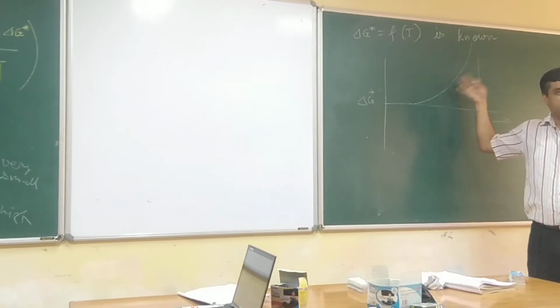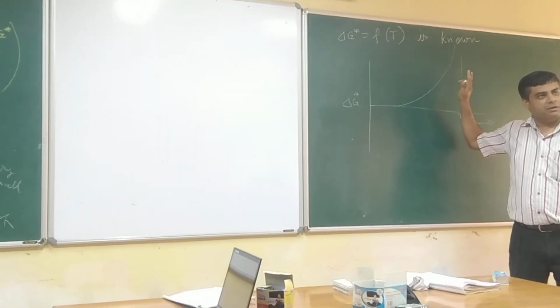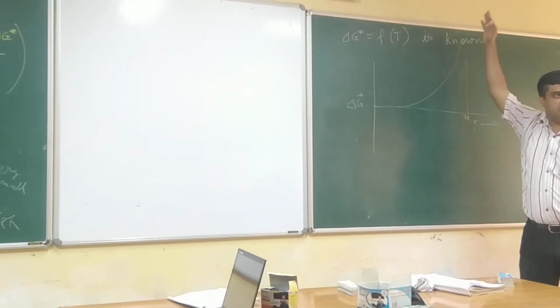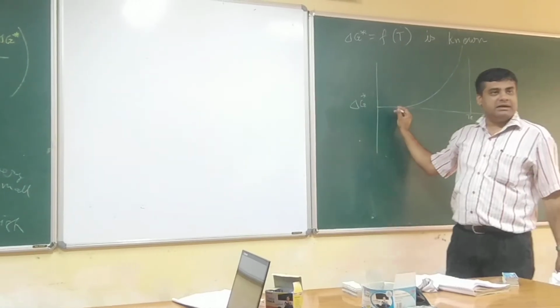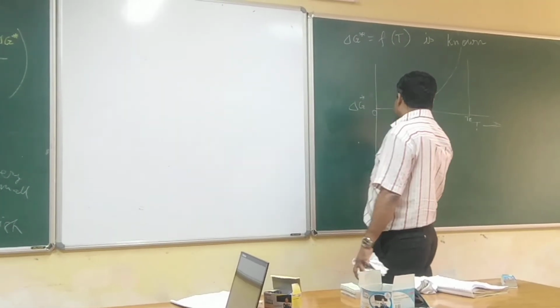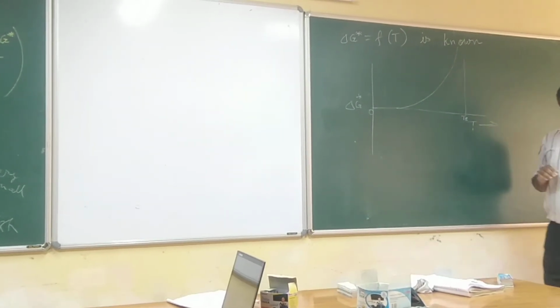Whatever the form, if you know the delta G star variation with temperature and you plot it, it will go asymptotically towards infinity at T equal to Te. At low temperature, say at T equal to 0, it will be 0, and up to a certain temperature it is very, very small.